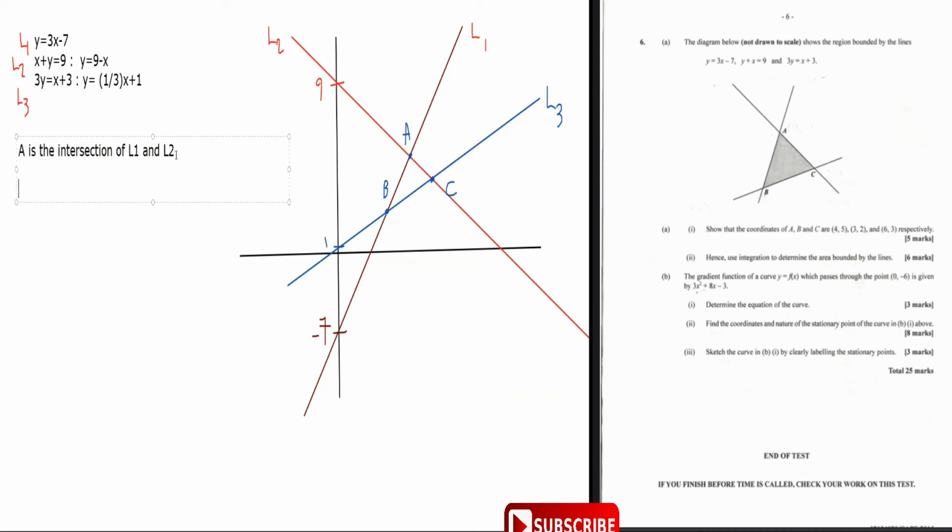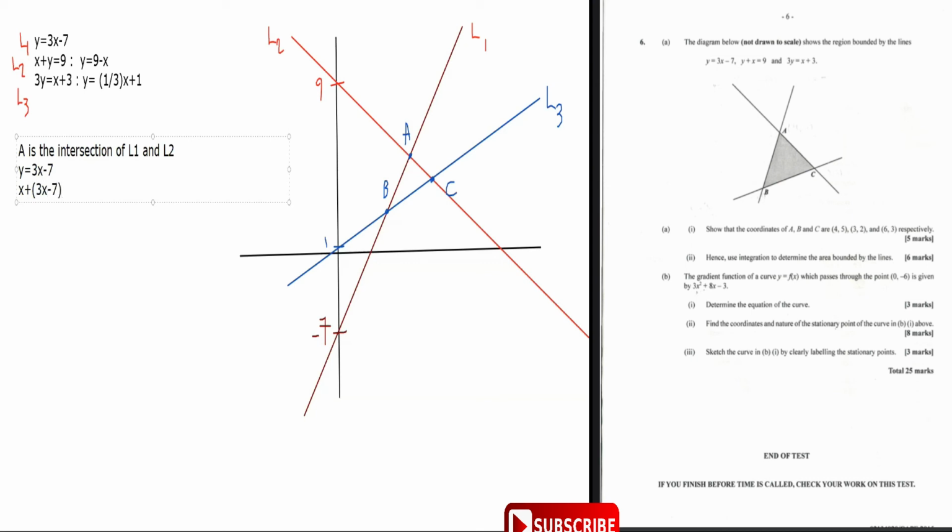So solving them simultaneously, A being the intersection of L1 and L2, we have L1 is y equals 3x minus 7. And then the next one is x plus y equals 9. So it's going to be x plus, what is y? y is 3x minus 7.